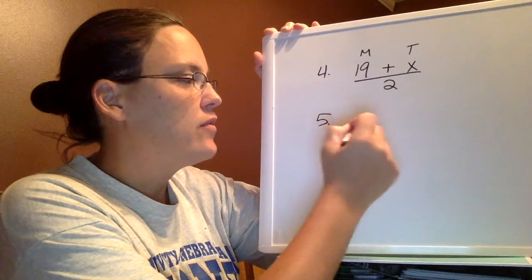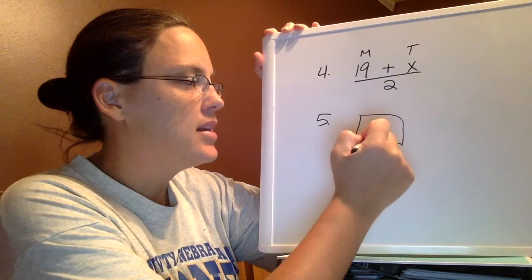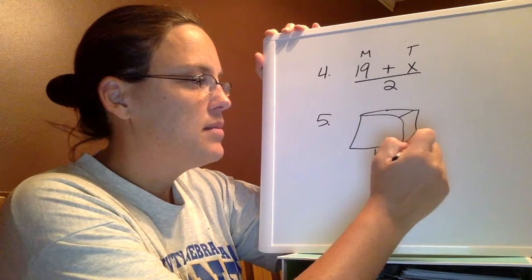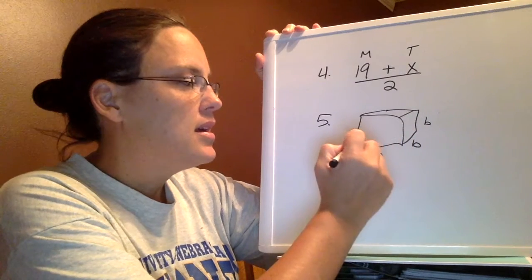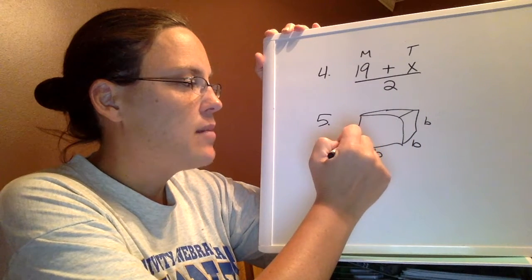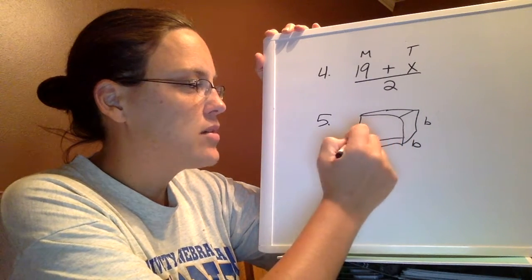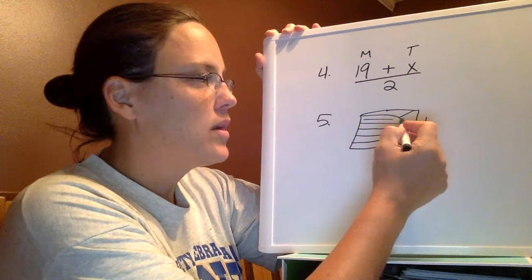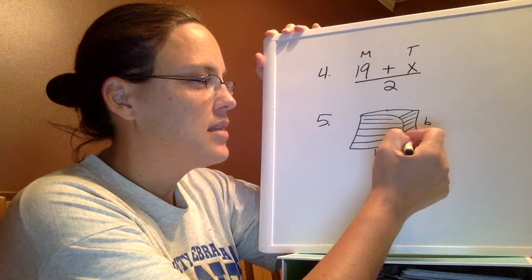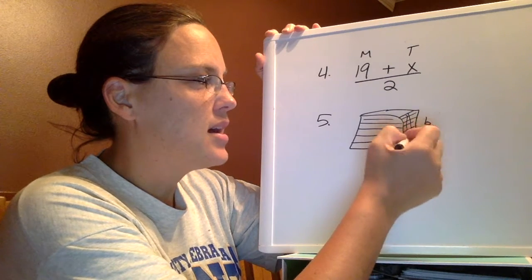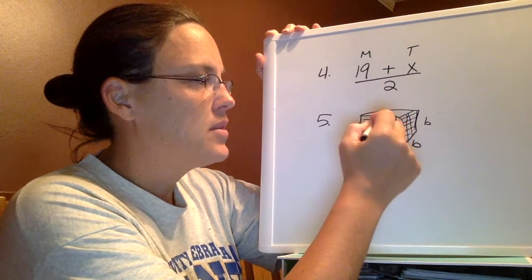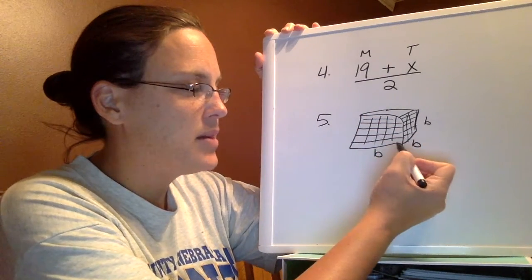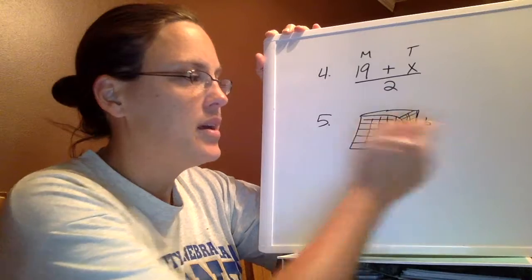So we have this cube design that looks something like this, and it's B, B, and B. If you visualize these blocks going this way, stacked that way, and then also stacked high here, the same number of blocks would be on the bottom, the width, and the height.